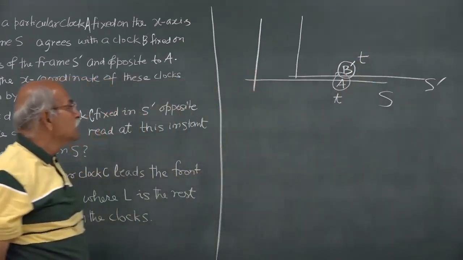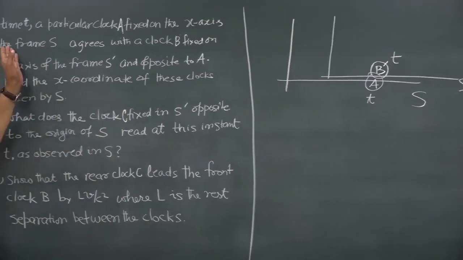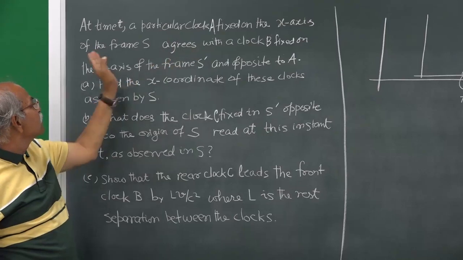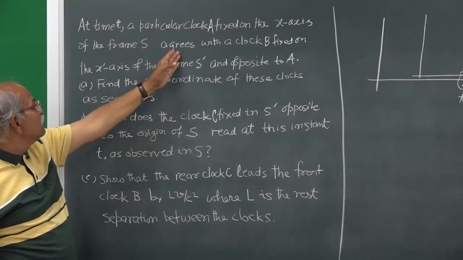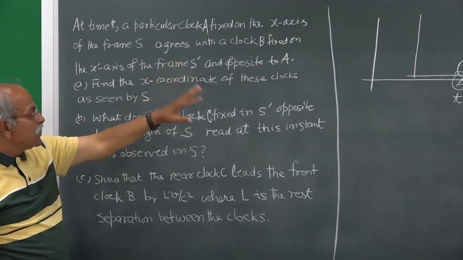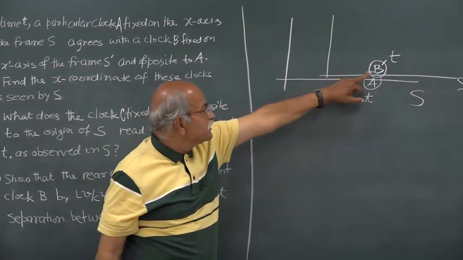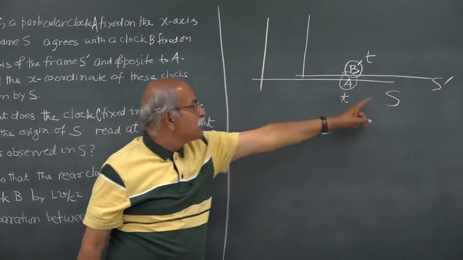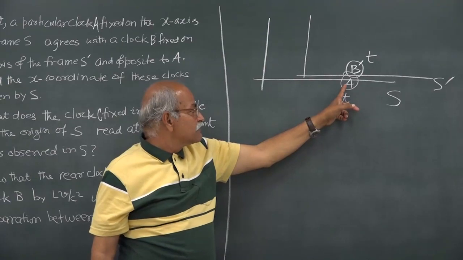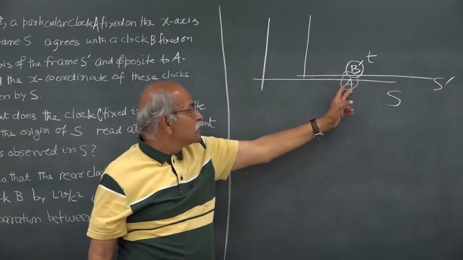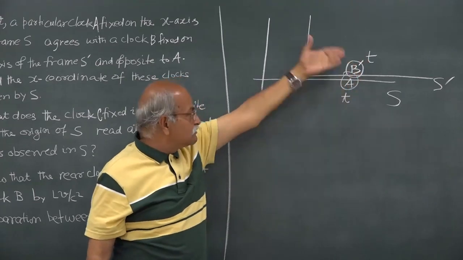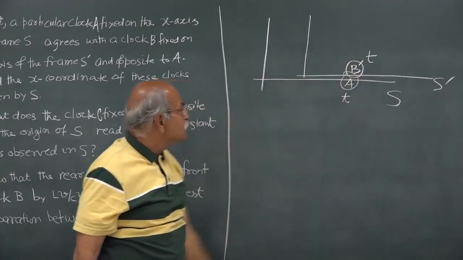So, that is the meaning of the first sentence, that at time t a particular clock A fixed on the x axis of the frame S agrees with a clock B fixed on the x prime axis of the frame S prime and opposite to A. So, these two agree with each other, and this time t is measured from S frame. Remember, this time t is measured from S frame, and at this time there is a clock here and that also reads t. So, for this event this t prime is same as t.